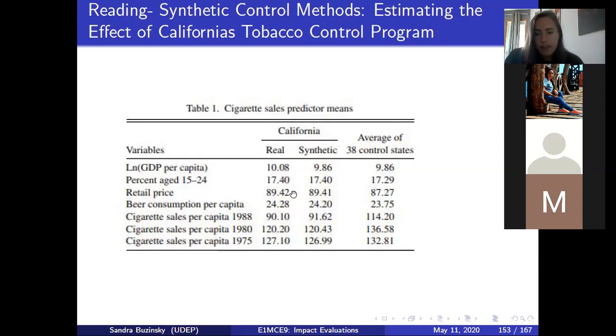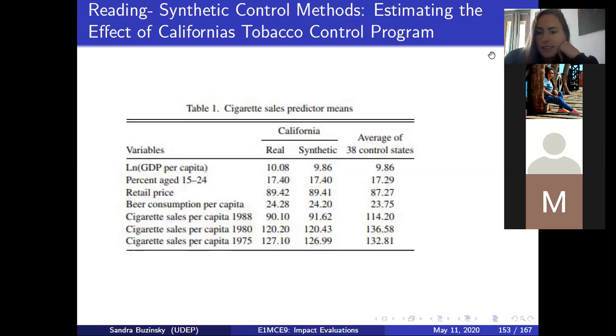Retail price, you can get the synthetic group really closer in characteristics than the average. Same for beer consumption, same for cigarette sales per capita. So you can see how it actually does make a big difference using the synthetic control compared to just the regular diff-in-diff.